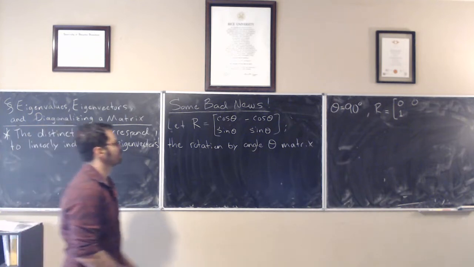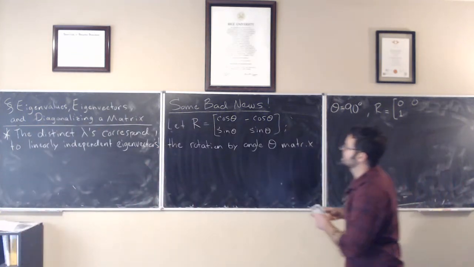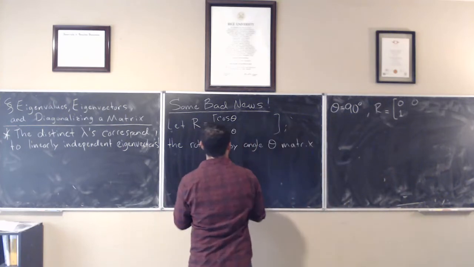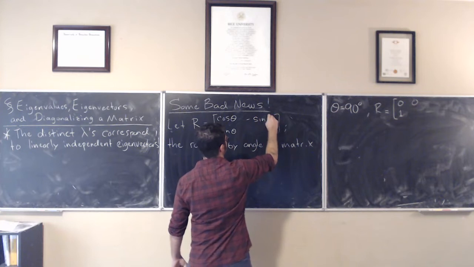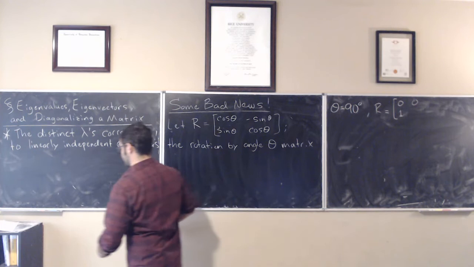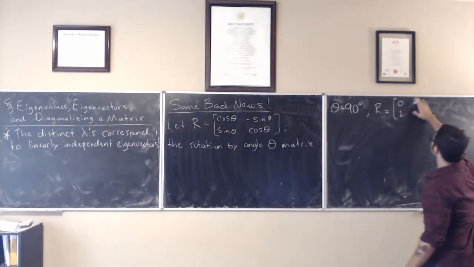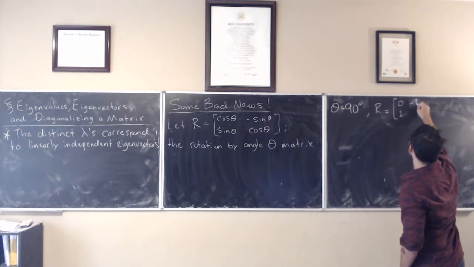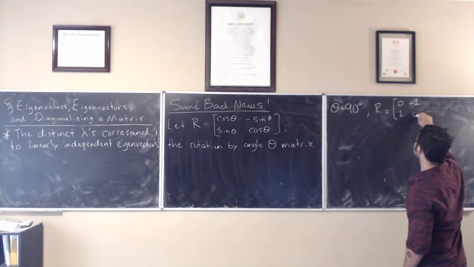Oh, I knew I wrote it down wrong. Yeah, I was like, something was off. It's rotation, I need to remember that. So this would be negative sine of theta, cosine of theta. Sorry, okay. So that means that this entry would be -1, and then cosine of 90 again is 0.